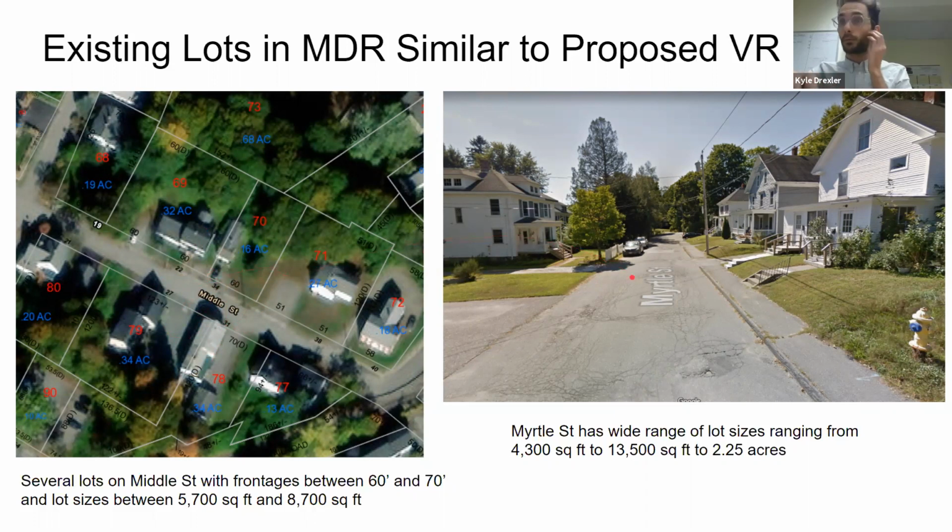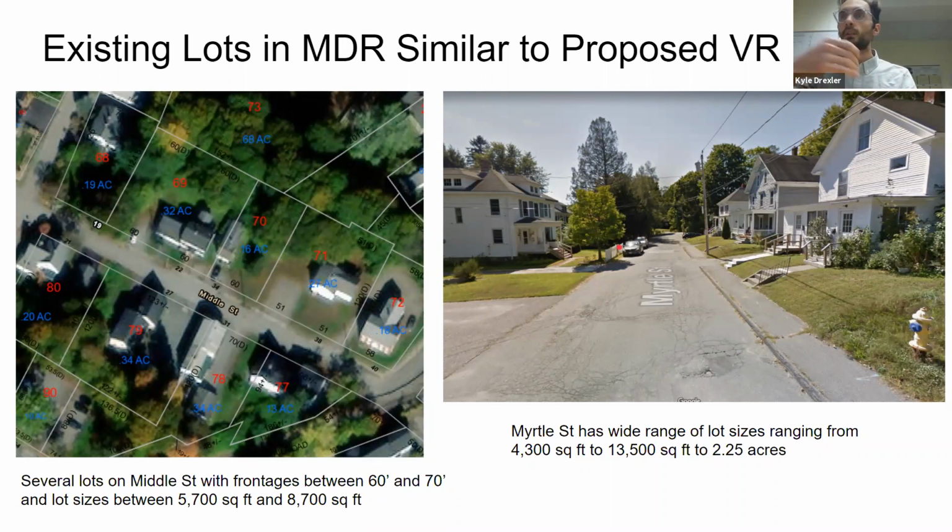And then, if you look at the right-hand side here on Myrtle Street, there's a wide range of lot sizes. On the right-hand side of the street here, from our view, there's some smaller lots in that 4,000 to 5,000 square foot range. And then on the left, you have a 13,000 square foot lot. And at the end, there's a 2-acre lot.